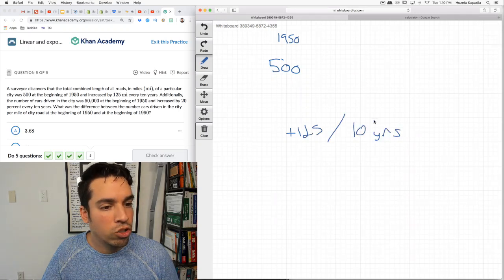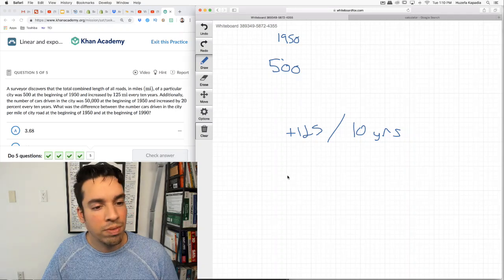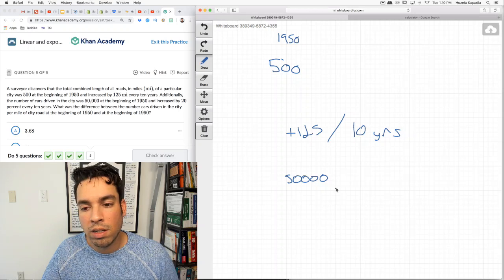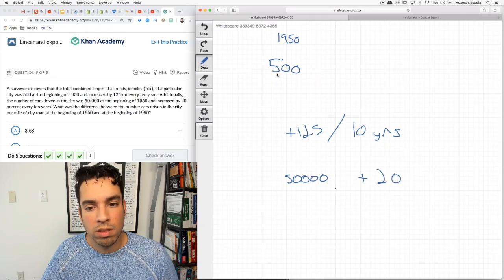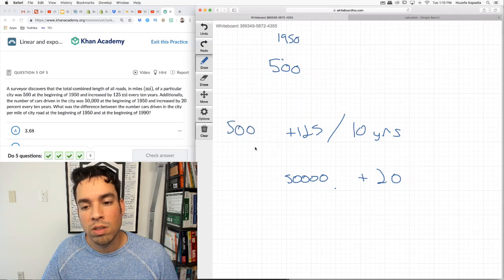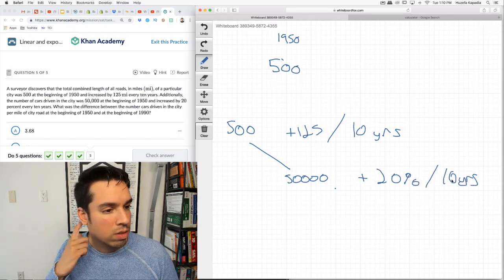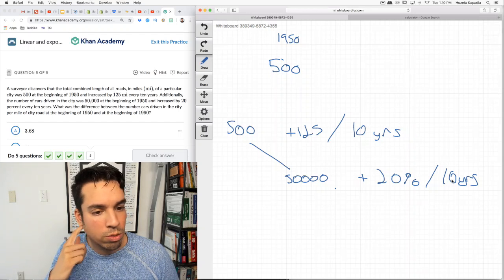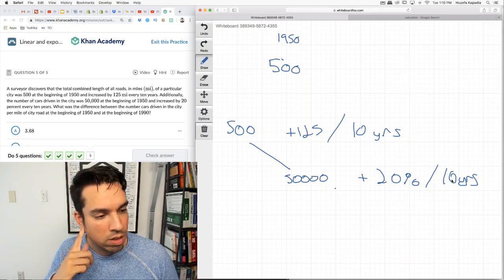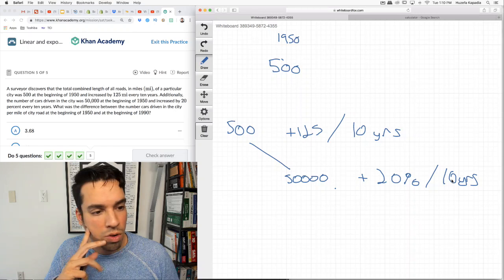Additionally, the number of cars driven in the city was 50,000 and increased by 20%. Right, hold on. Let's do 500. So this is the starting point, up 20. Increased 20% every 10 years. What was the difference between the number of cars driven in the city per mile of road at the beginning?